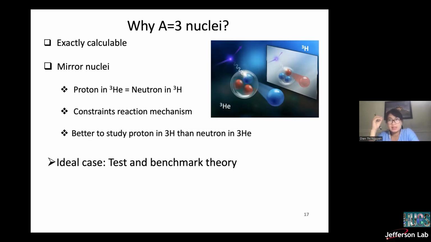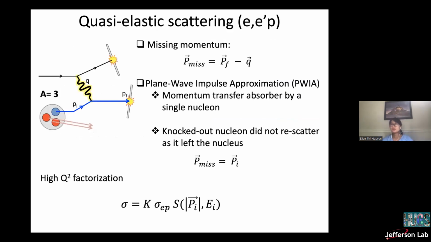That is the advantage of this mirror system. And because it is an A=3 system, it is exactly calculable and has precise calculation. So this is the ideal place to test and benchmark theory. That is the reason we go to A equal to 3.